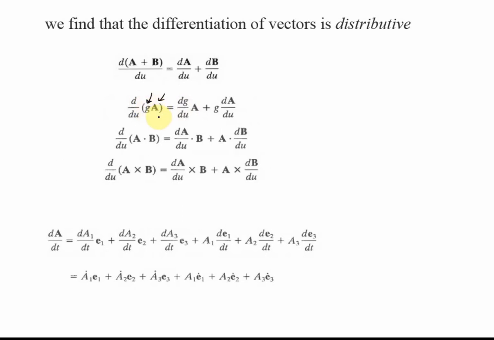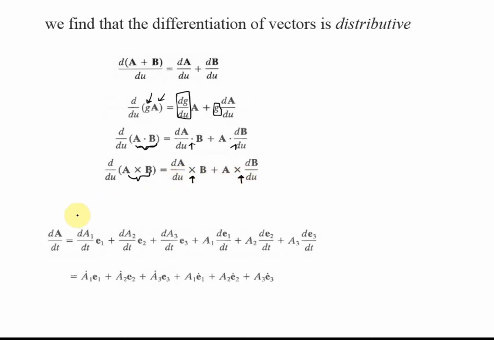Then we can still use the product rule: the scalar derivative times the vector plus the scalar function times the vector derivative. And this is a dot product, so we can still use the product rule, but you use the dot here. And if this is a cross product, you use the cross product between these two.